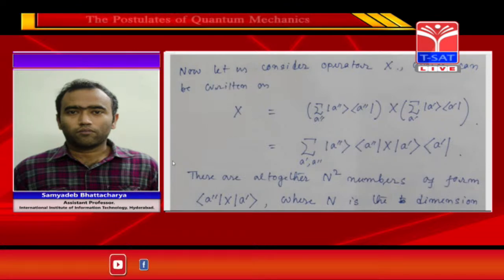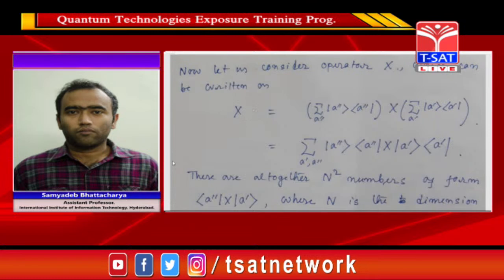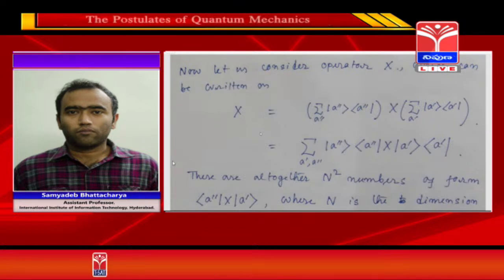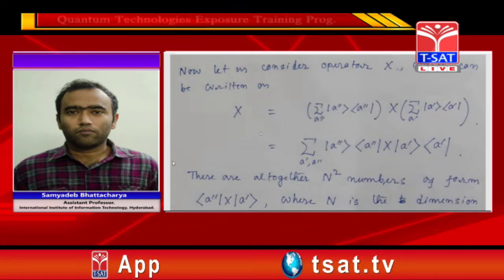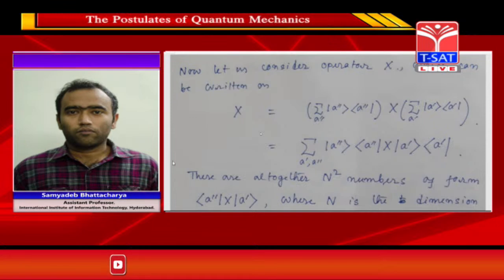Now since X is a matrix, if we multiply identity matrix of the same dimension both from left and right side, the outcome is again X, because multiplying identity with any matrix or vector gives the matrix or vector back.